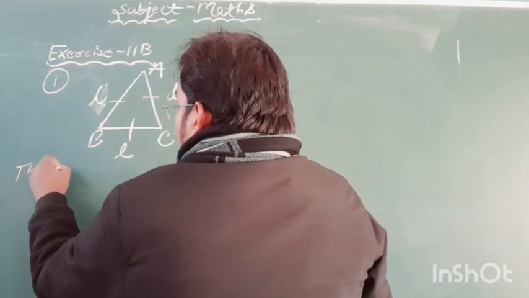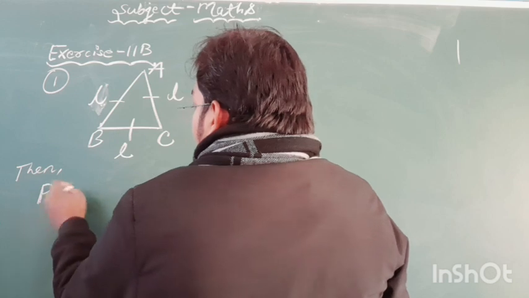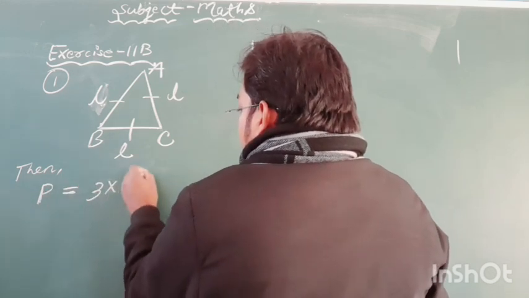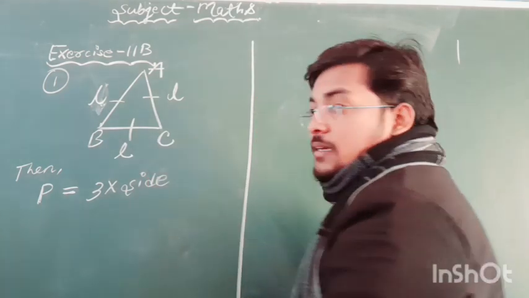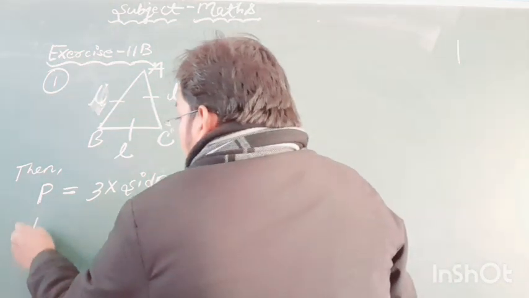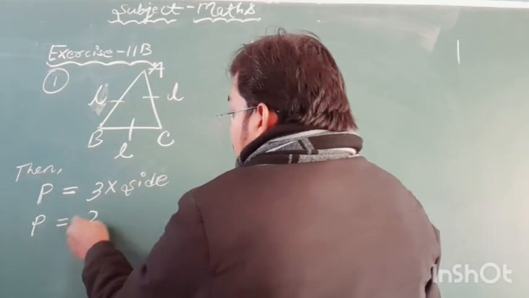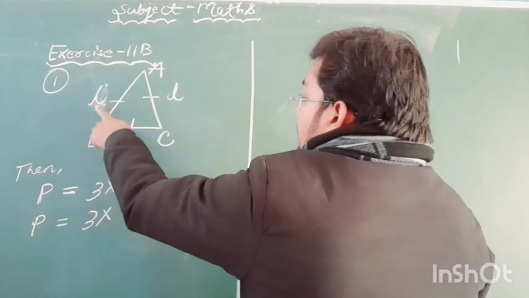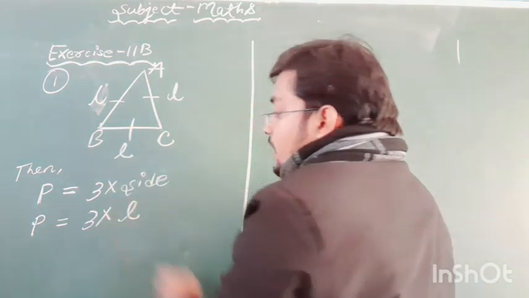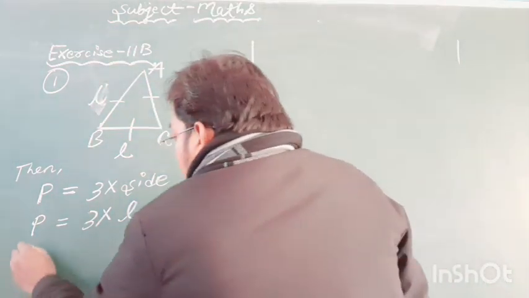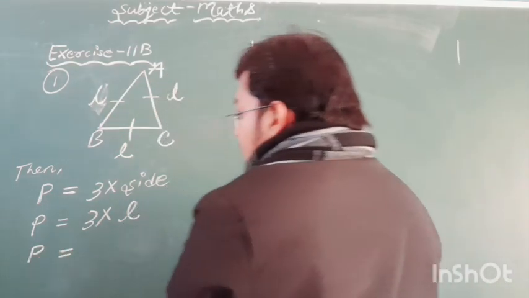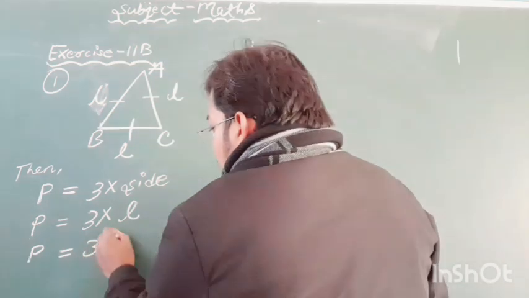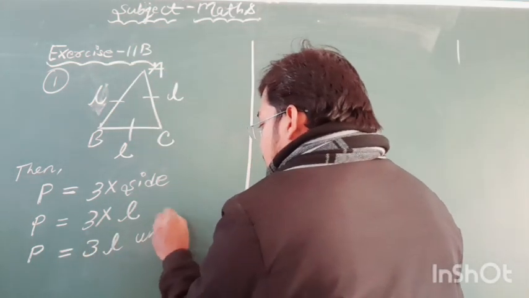Then perimeter is equal to 3 into side. So P is equal to 3 into the measure of side, which is L. So 3 into L. So we get P is equal to the product of 3 and L, which is 3L units.